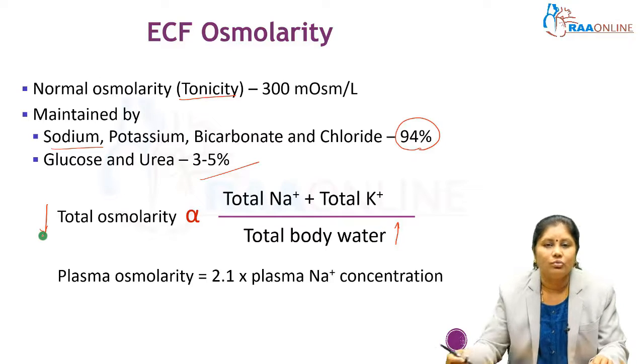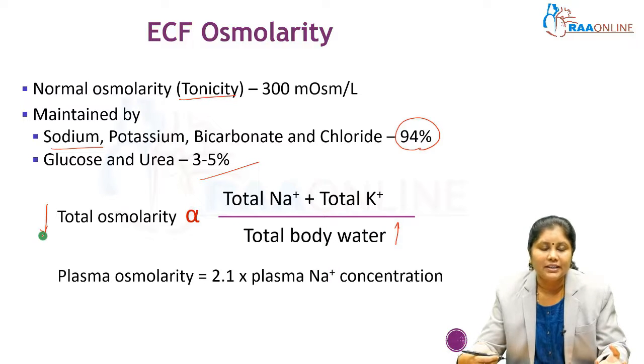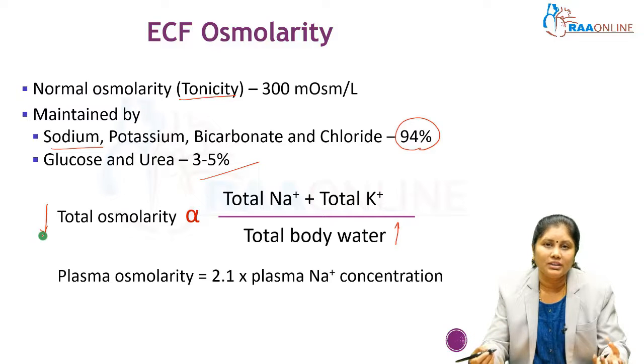When the ECF volume decreases, osmolarity will increase. This is called ECF volume contraction and ECF volume expansion. When it gets expanded, the solutes appear diluted. When it gets contracted, there will be ECF concentration.